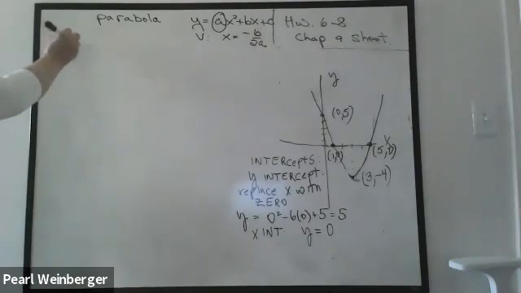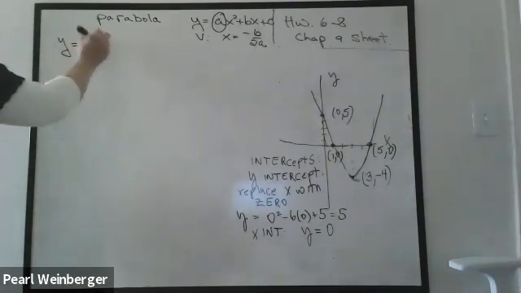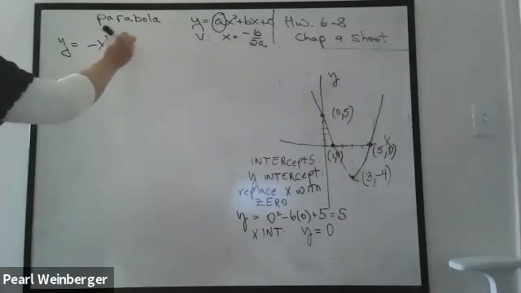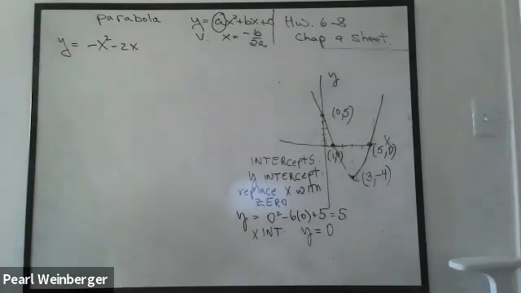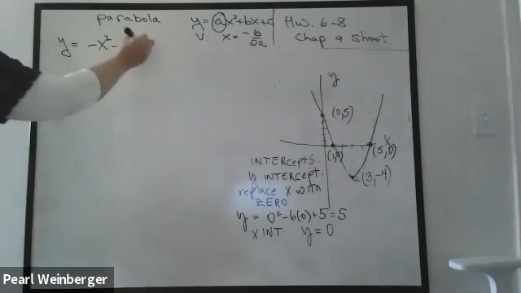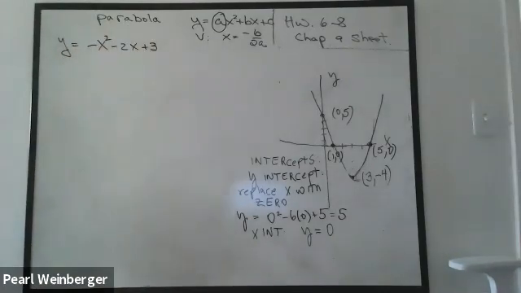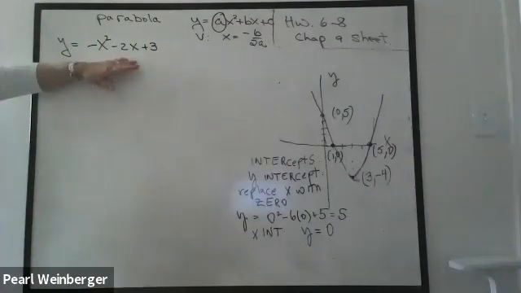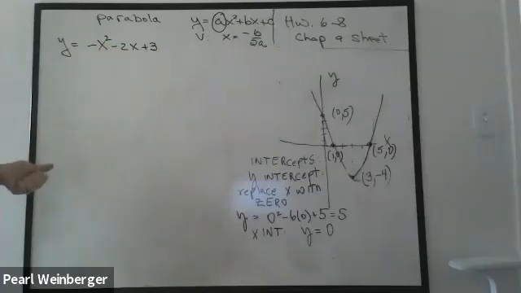Here's my equation. Y equals negative x squared minus 2x plus 3. I want you to draw a sketch of this graph. Absolutely must find the vertex.